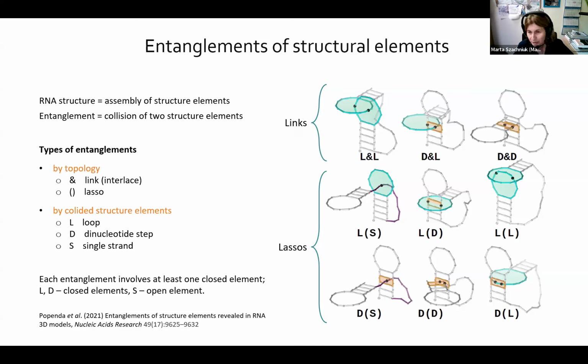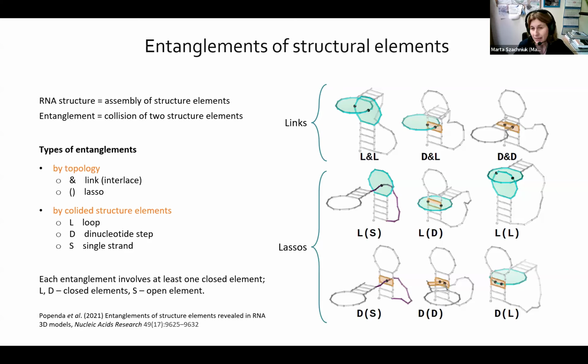What you can see here in the picture are 9 types of entanglements that we distinguished. So each entanglement is composed of at least one closed element. By a closed element, we mean a loop or dinucleotide step.